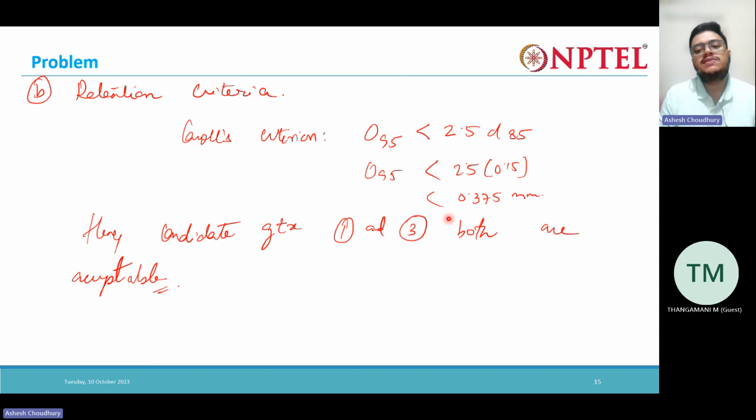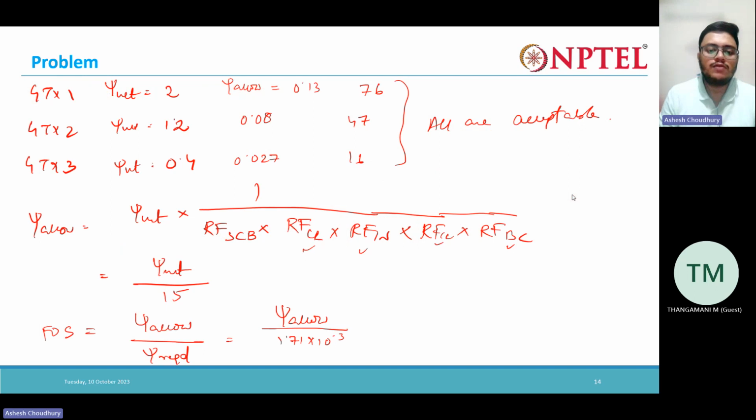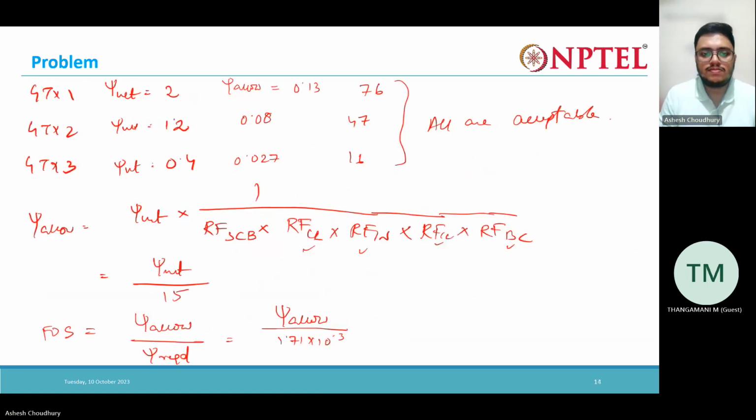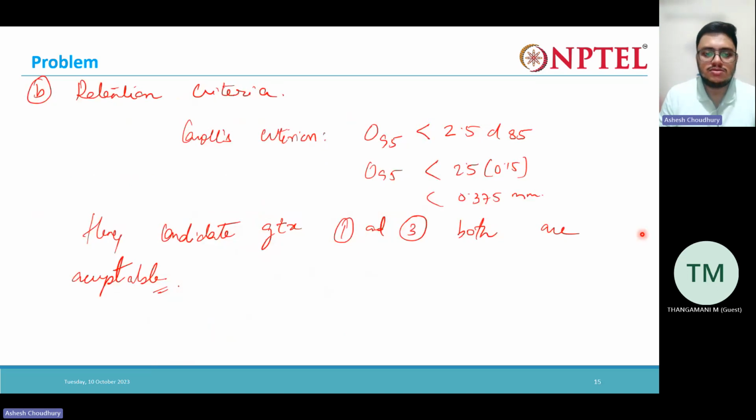According to that, the O95 should be less than 0.375 mm. Then we match with the given geotextiles. We see that the non-woven needle punched and the non-woven heat bonded satisfy our criteria. So geotextiles 1 and 3 are both accepted.